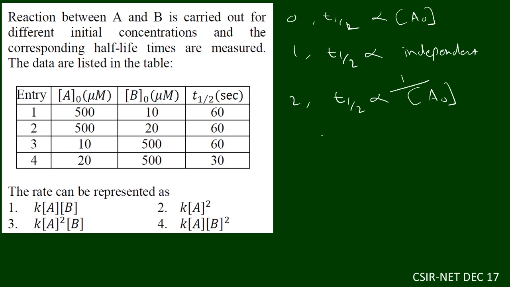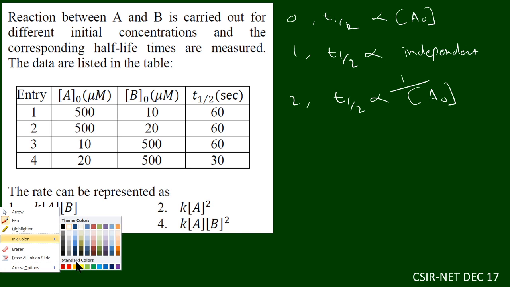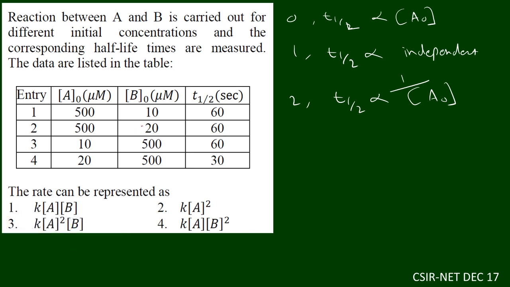So we see for this reaction, when the A concentration is constant, 500 is constant, and the B concentration is doubled from 10 to 20, the half-life remains as it is. Means by changing the concentration of B, the half-life does not change.